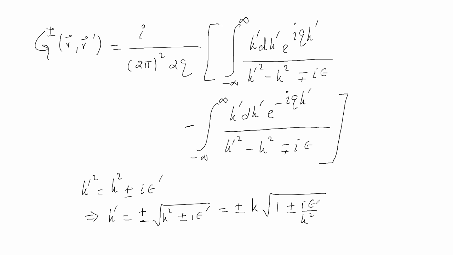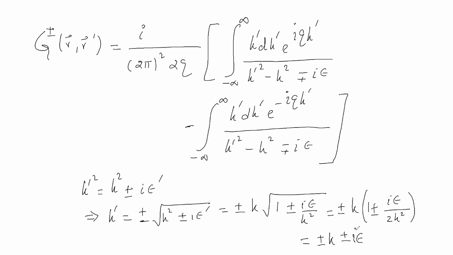Since epsilon is an infinitesimal quantity, we can expand this, and we will have plus minus k (1 plus minus iε by 2k²), resulting in plus minus k plus minus ε upon 2k, where one k cancels with this k, and that will again be an infinitesimal quantity, and we will still keep the notation iε.